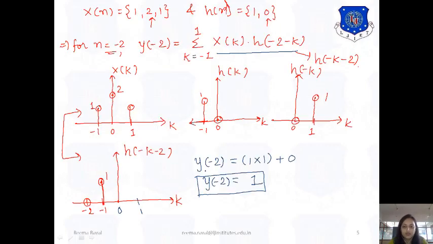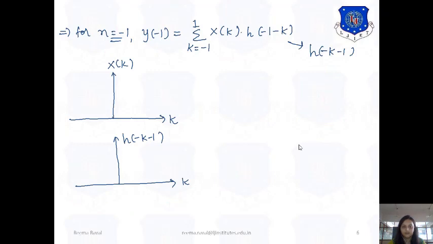Okay. So as you can see over here, the value of x of n is 1 2 1. So from that x of k will be 1 2 1, and h of -k is for the values 0 and 1. Okay. So by delaying it one sample, it will give the instants -1 and 0, having values 0 and 1.